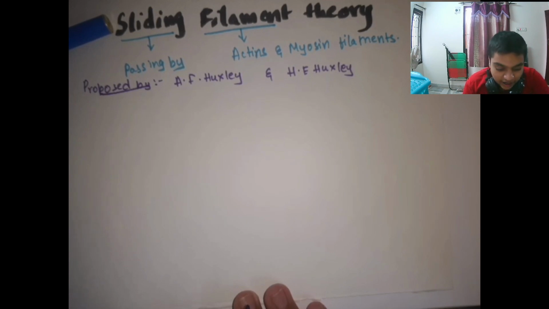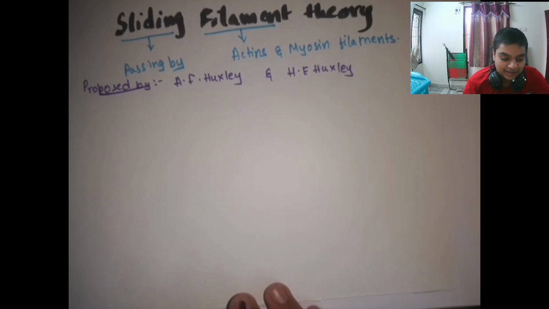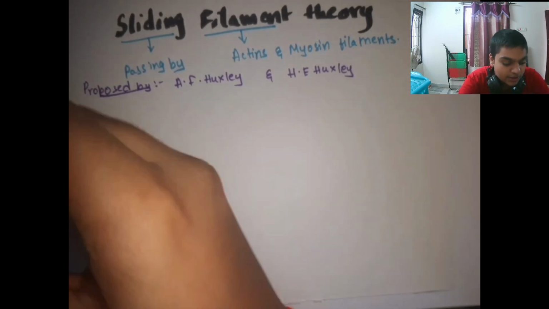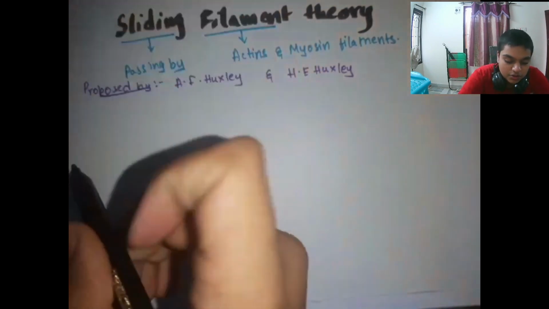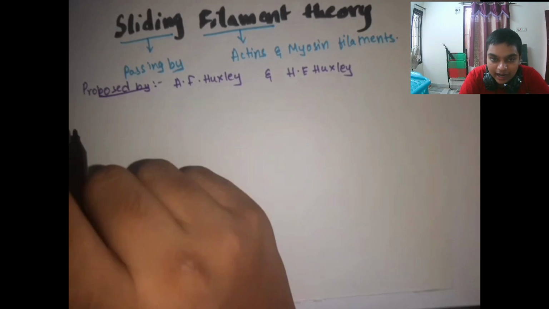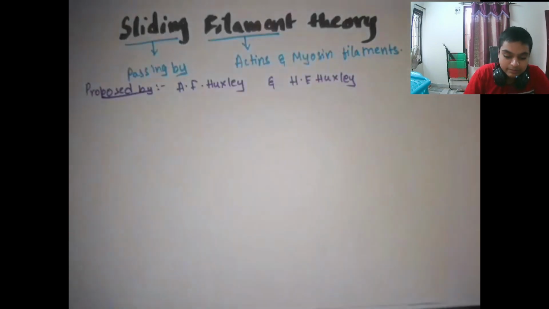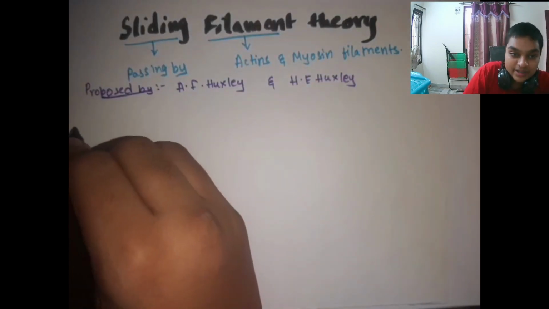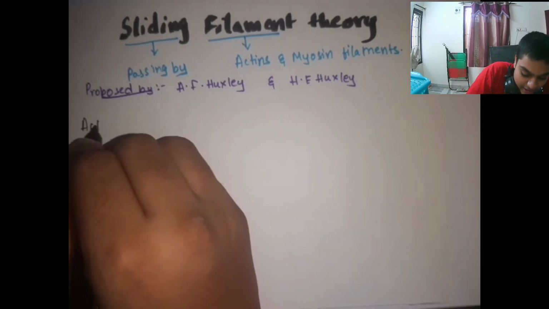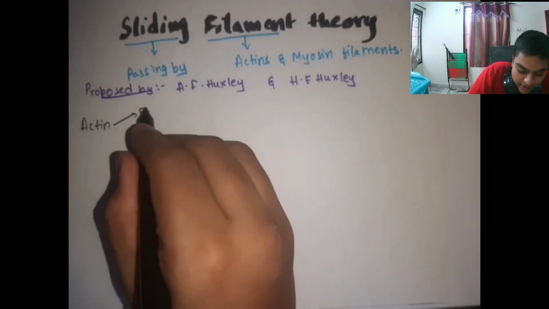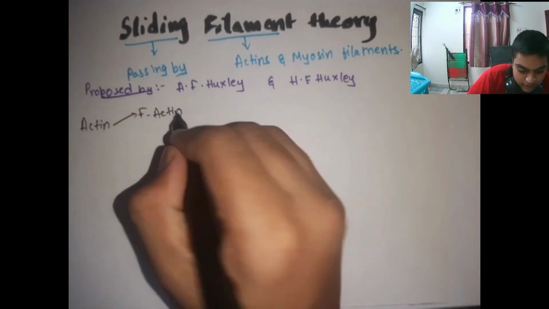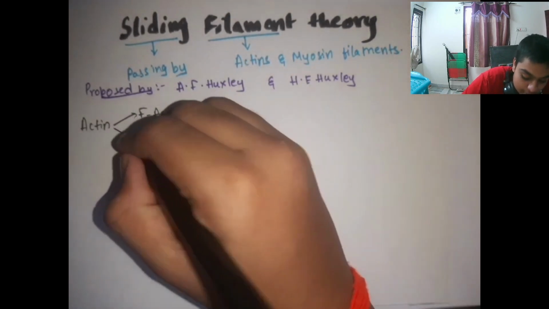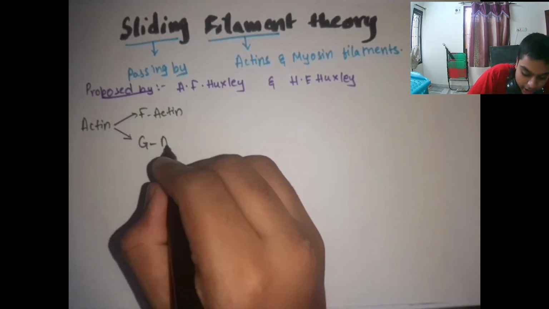Before starting that, I have to explain two more proteins in actin, which I haven't explained yesterday since there was no time. Without them, you will not understand the sliding filament theory. We have discussed that actin is of two types: F actin, filamentous actin, and G actin, globular actin.